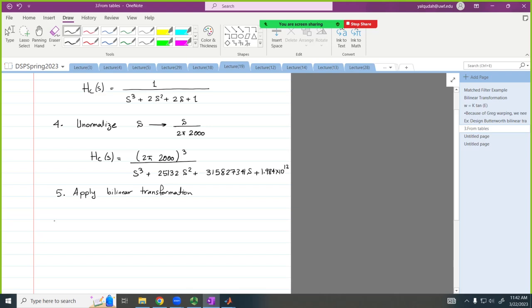And to do that, we're going to replace s with 2 over T multiplied by z minus 1 divided by z plus 1. And this is going to equal 2 multiplied by 12,000, which is 24,000, times z minus 1 divided by z plus 1.